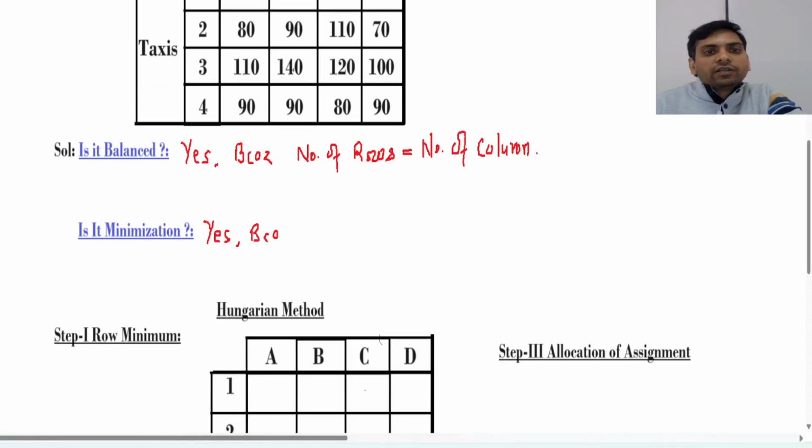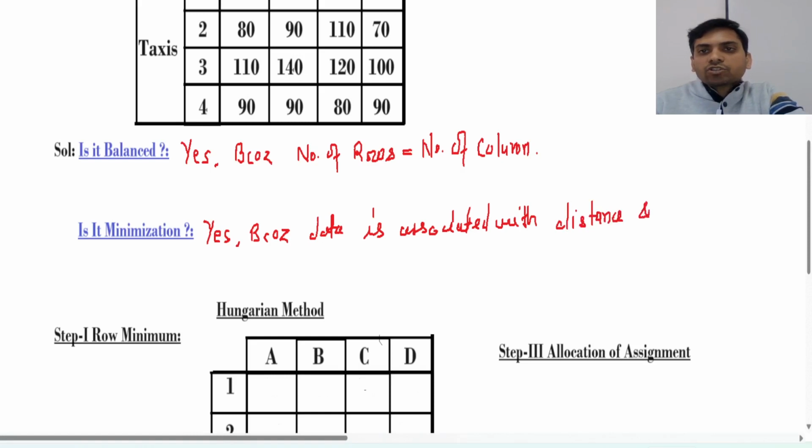Because data is associated with distance and distance should be minimum.